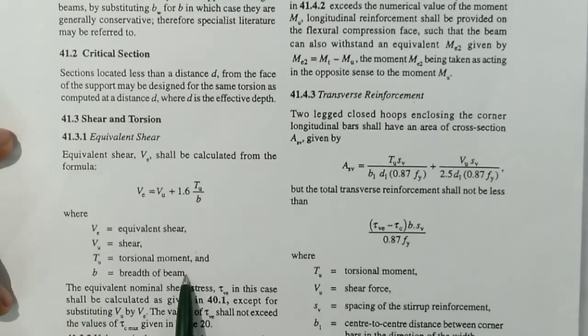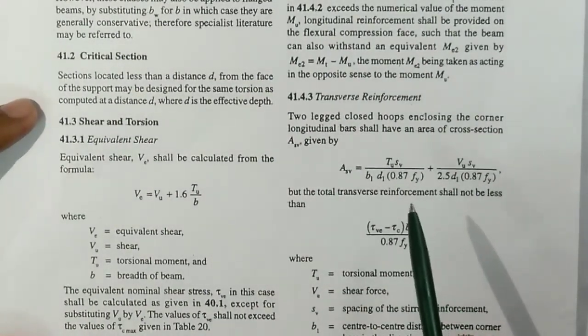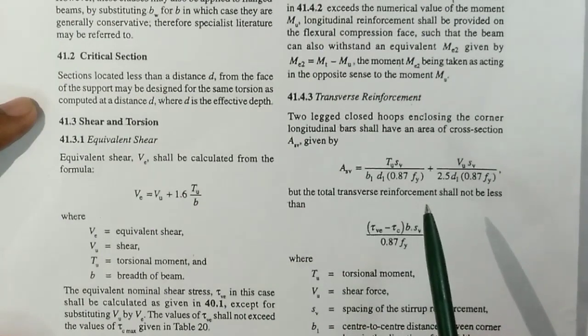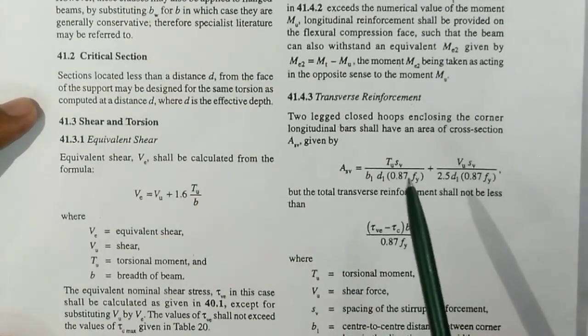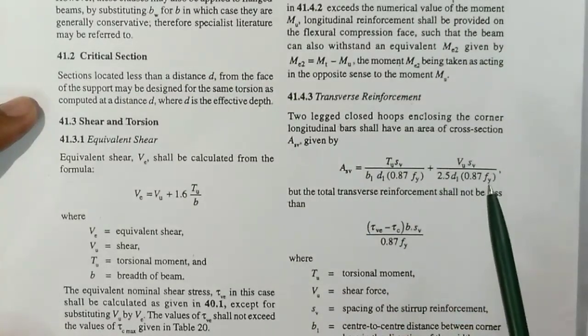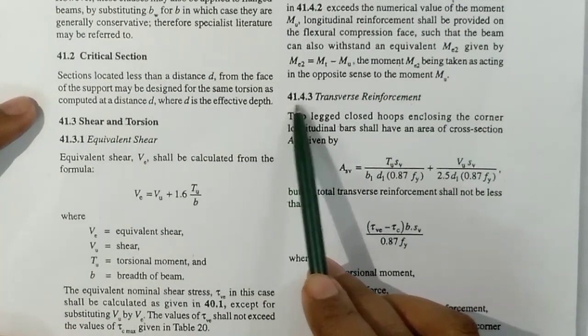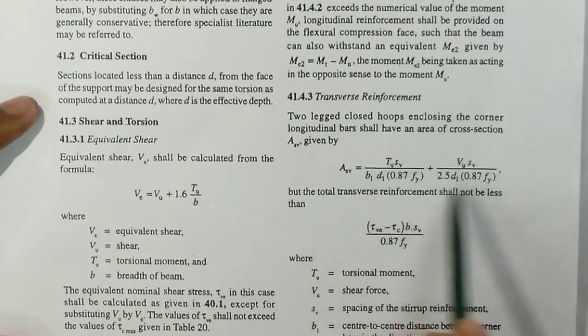This way we calculate the equivalent shear, and the rest of the things to follow for shear are the same as our normal concrete design. The next important thing we have to discuss here is the transverse reinforcement when we consider torsion. Here in clause 41.4.3 this formula has been given.